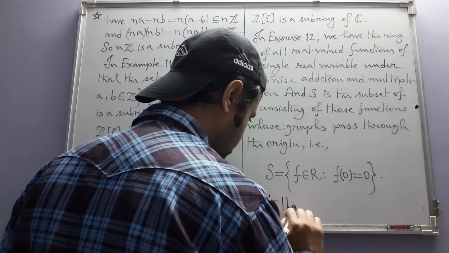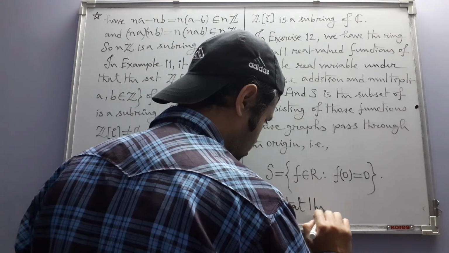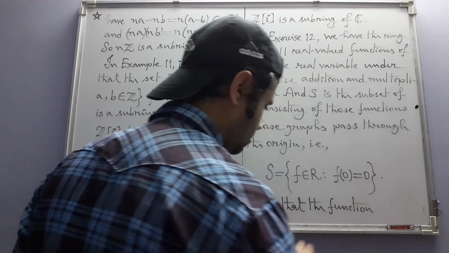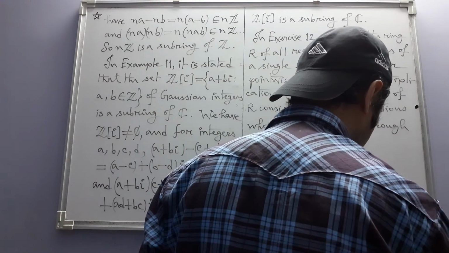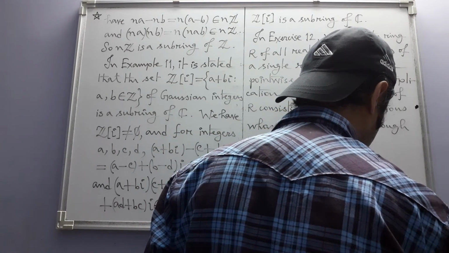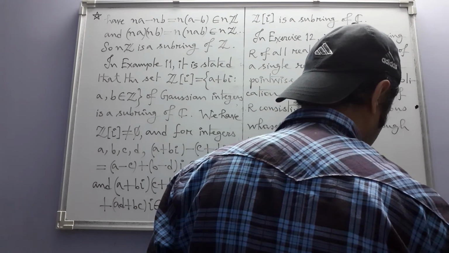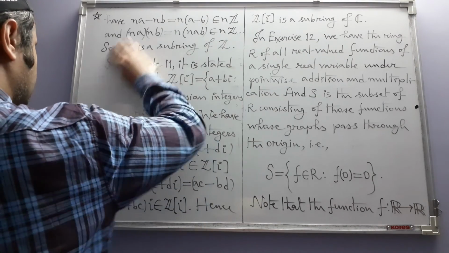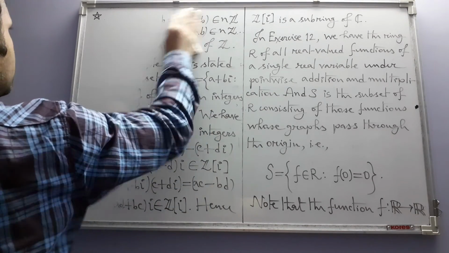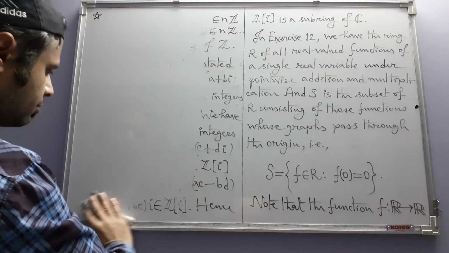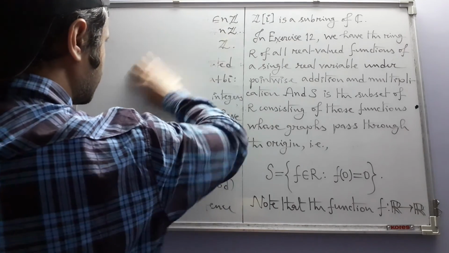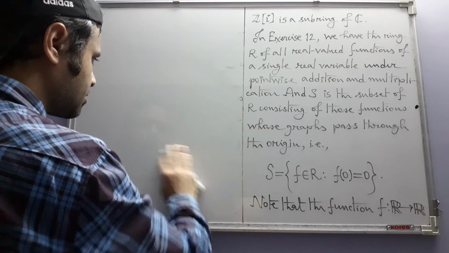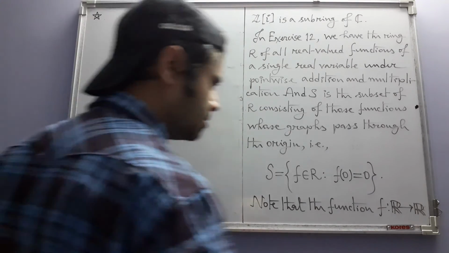Note that you can take the identity function or the constantly zero function or any other function whose graph passes through the origin.